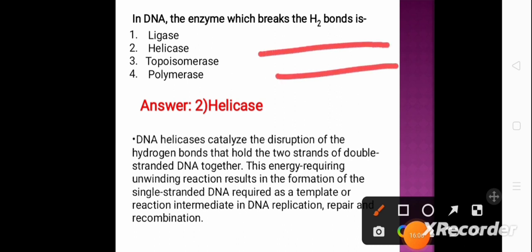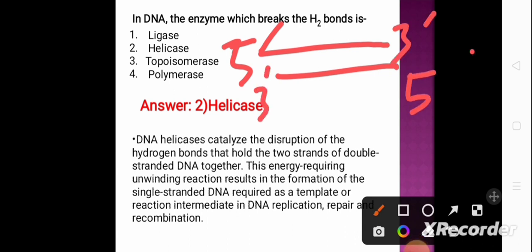Suppose these are the two strands. This is the 5' end, this is the 3' end. Again this is 3', this is 5'. And these two bases are joined by the hydrogen bond.